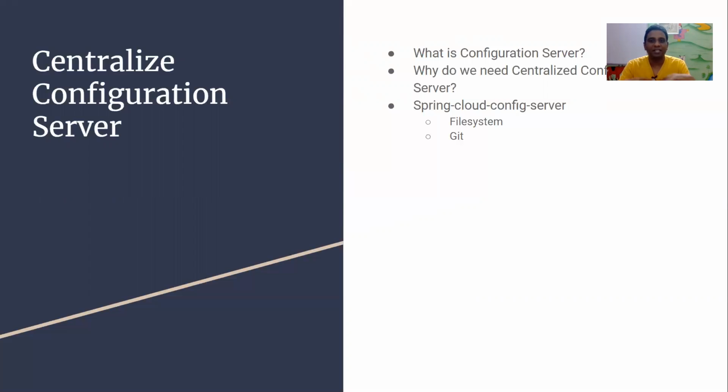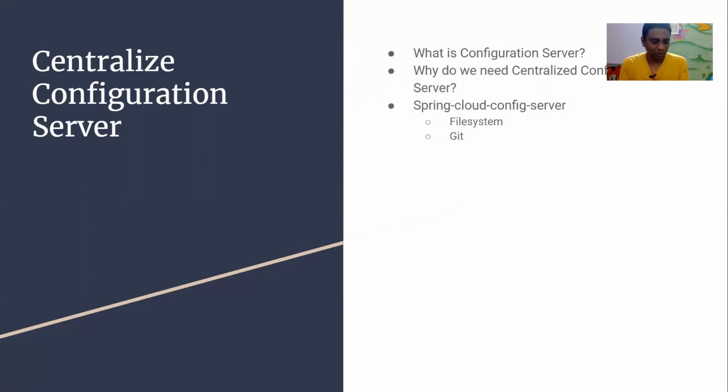For this demo's sake, the configurations are stored on the file system. So the Spring Cloud Config Server is going to read configurations from the file system, not from a Git repository. In the entire session, I will read the configurations from the file system.